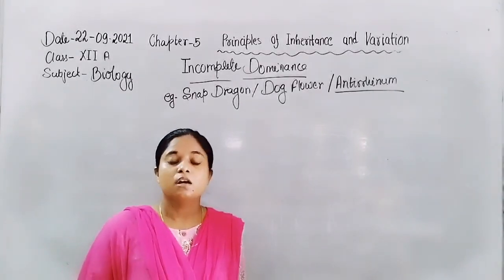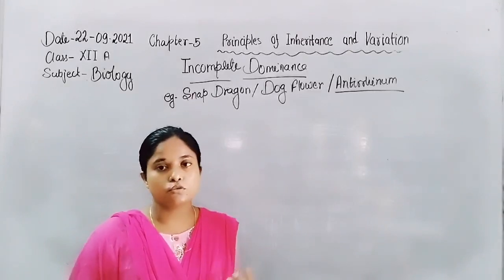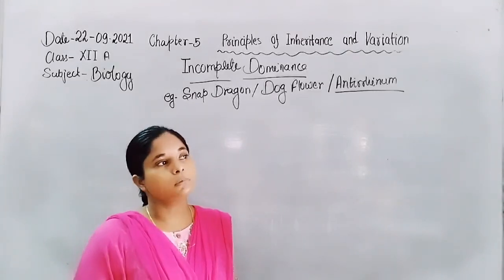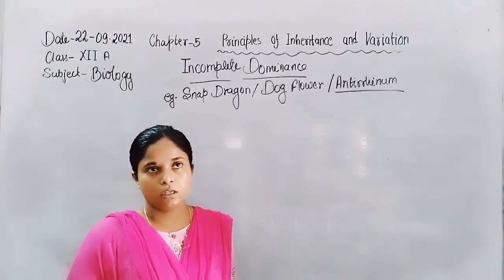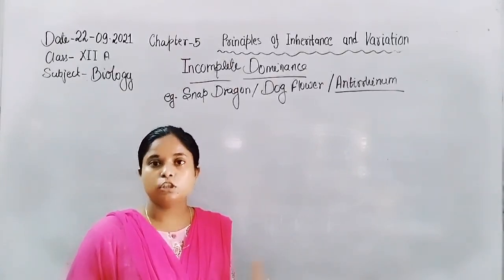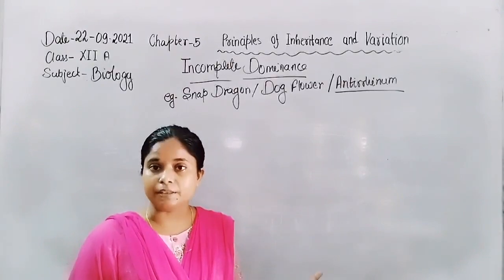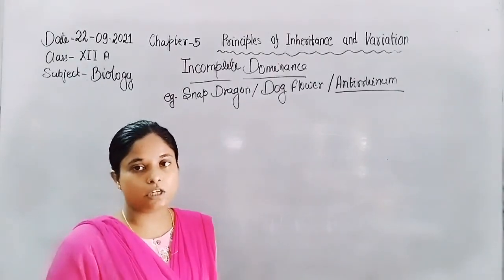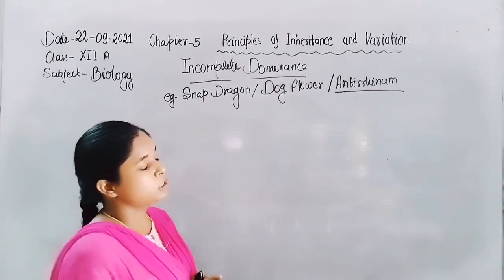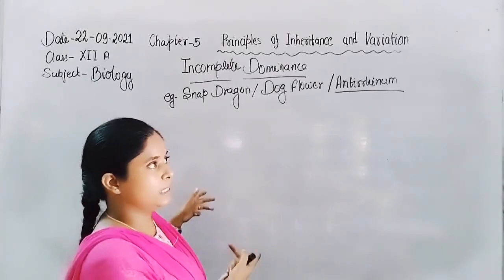The characteristics shown by the plant are not similar to their parents, because according to Mendel, in the F1 generation the plant will show the dominant characteristic of their parent. But in the case of antirrhinum, there is no such trait followed, because they do not follow the parental combination.